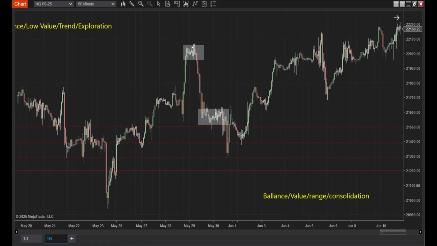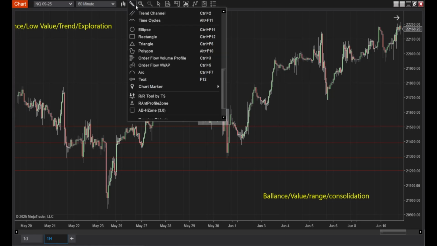It explored, came up here, came back down, and created value right underneath this value area. Every time price creates value, there is a price level that's going to be the most contracted price within this level.